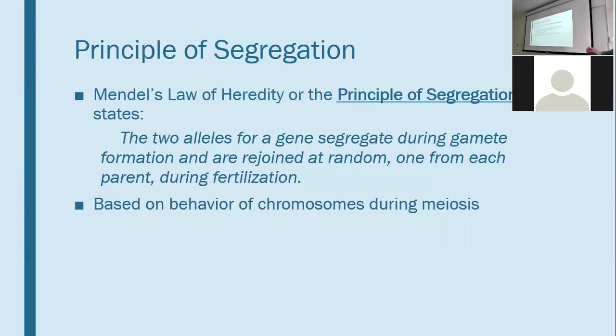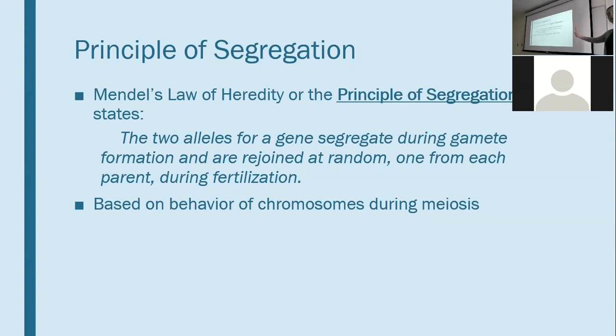So this gets us to Mendel's Law of Heredity, or the principle of segregation. The principle of segregation states that the two alleles for a gene, you've got two copies of everything, segregate during gamete formation. Remember, because during meiosis, we separate our maternal and paternal versions of the chromosomes, which means we have these two alleles, these two versions, and they're not going to go anywhere together, right?